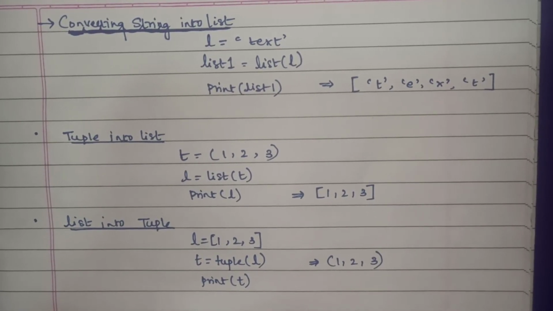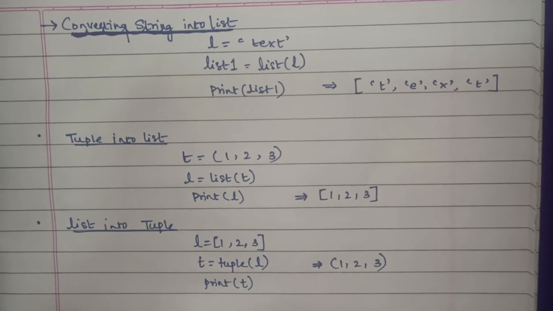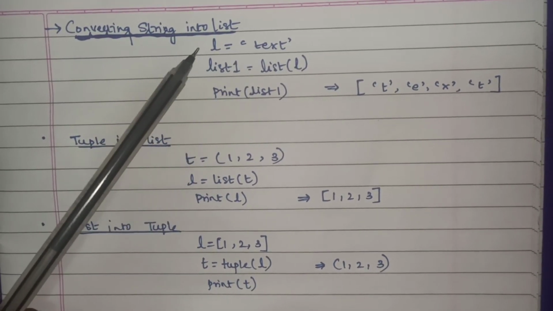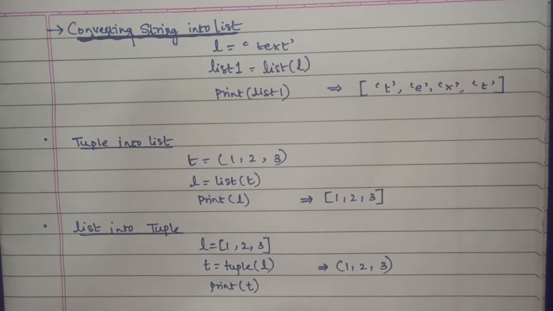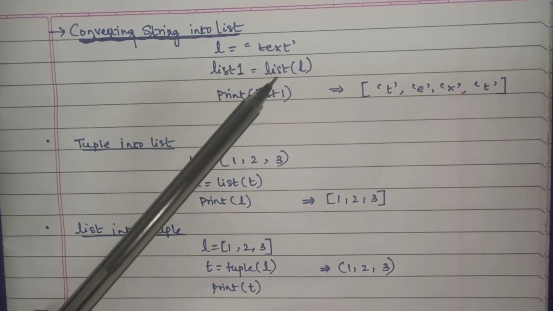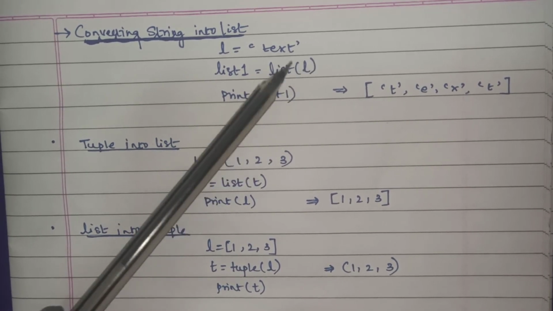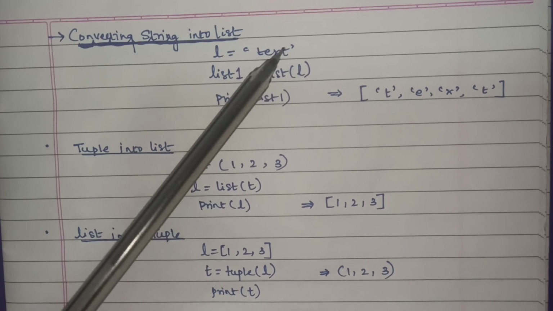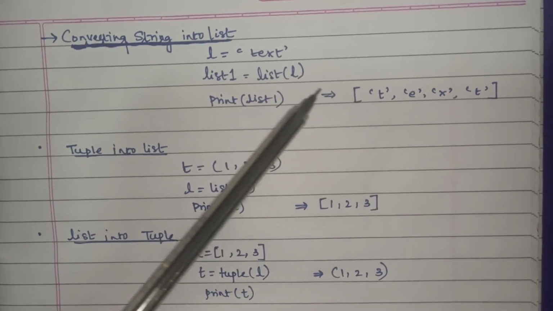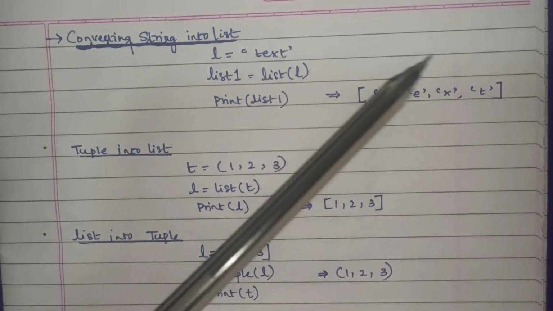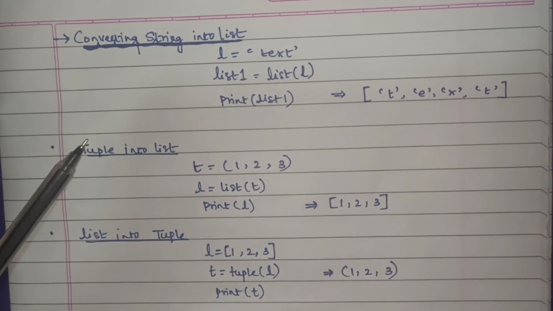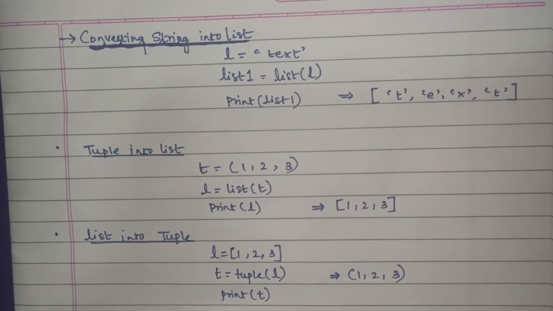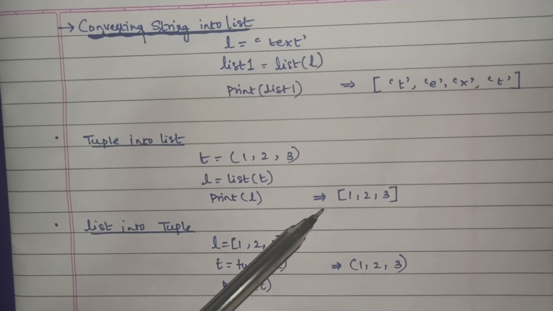The last topic of this chapter is converting a string into a list. Suppose you have a string text stored in variable L, and you want to convert it into a list. You apply the list function, that is list of L, which is stored in list of 1. When you print, it will be in this form: the string has been converted into a list with each character being a single element. Coming to converting a tuple into a list, you have a tuple enclosed in round braces, and you want to convert it into a list.